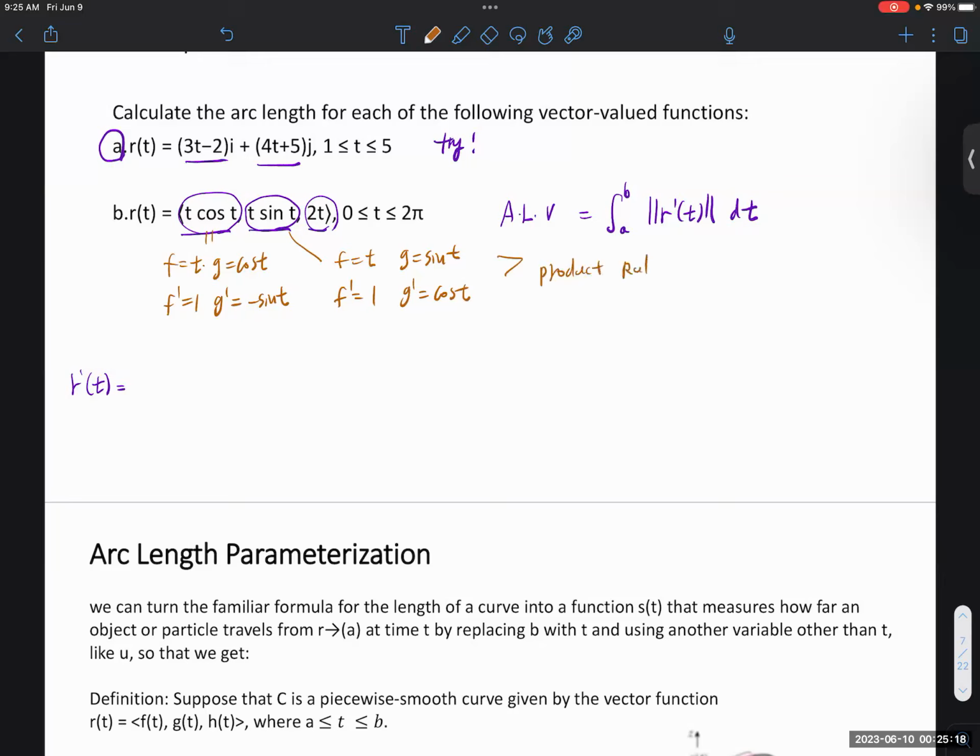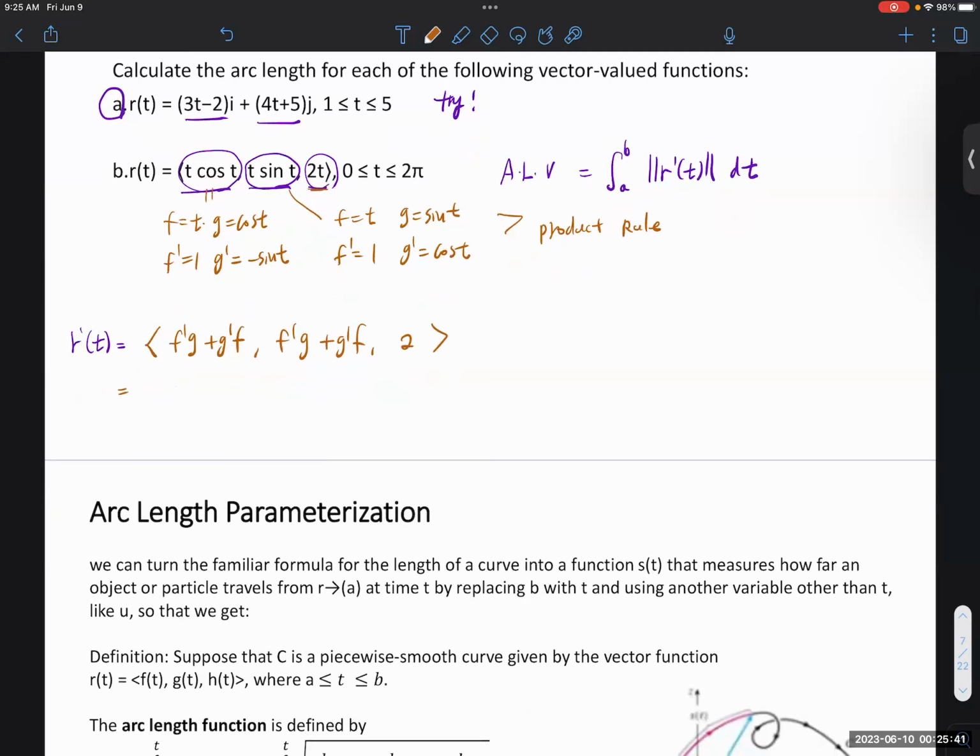So therefore, R prime, we are taking the derivative. Actually, the product rule is positive: f prime g plus g prime f. And the derivative of 2t is just 2. By doing this, you get f prime 1 times g cosine t plus g prime negative sine t times f.